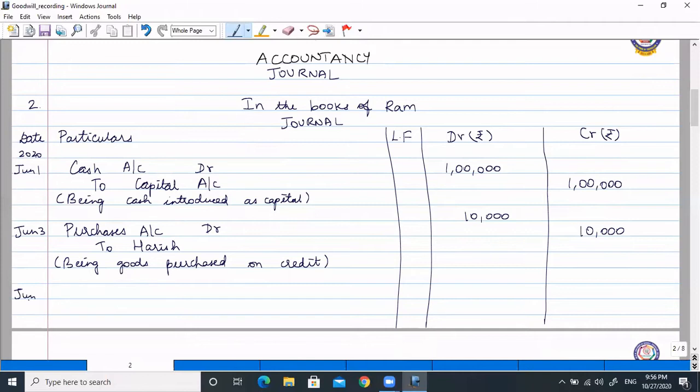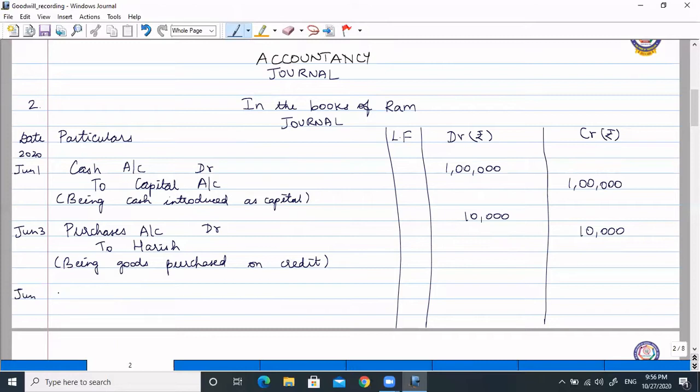So here the accounts involved are the purchases account and the cash account. Purchases is of the same nature, expense increase has to be debited, and on the other hand we have paid in cash, so cash in the business has decreased, so we have to credit cash account.